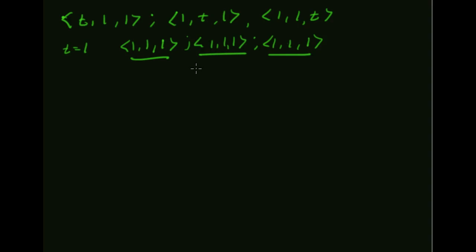Because you can just take the first one and multiply by 1, the second one by -1, and leave the third one 0, and you're going to get the 0 vector, which is non-trivial, which means it's linearly dependent.